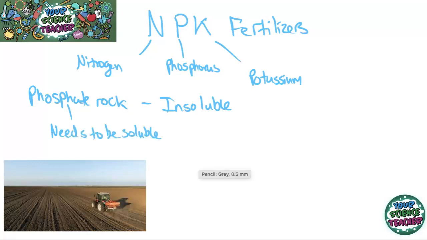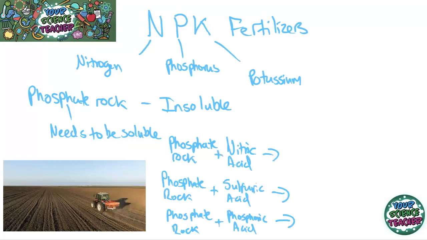And the way we do that is we react different acids with our phosphate rock. And if we look at the first acid, phosphate rock and nitric acid, we make phosphoric acid. And you just need to remember these three reactions. And you also make calcium nitrate.